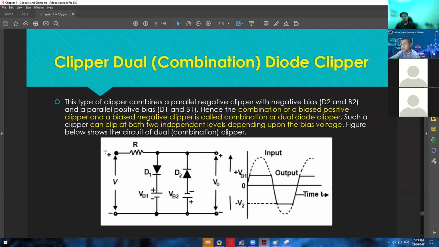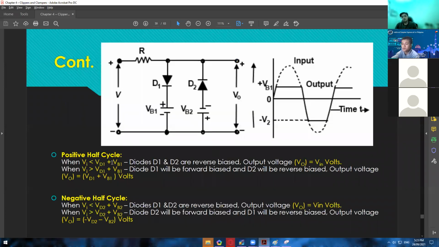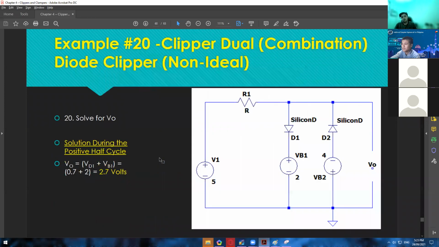But still, we only have one voltage input, and this one can flip both sides, the positive side and the negative side. Here are the formulas for the positive half cycle, and here are the formulas for the negative half cycle. But I think it would be easier if we have an example right away.